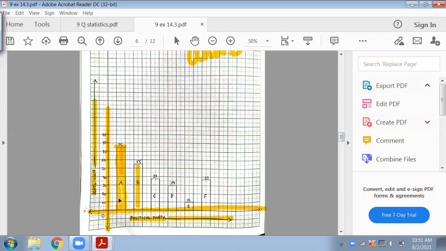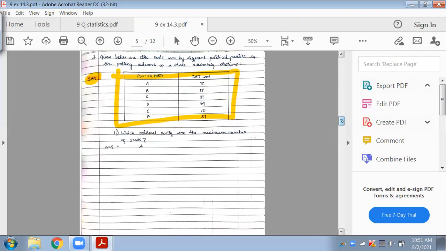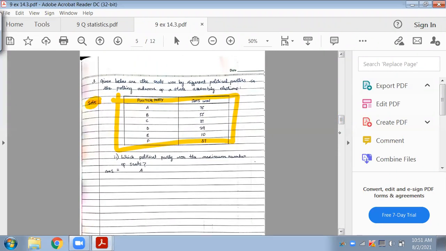So by looking at the bars in the graph, what you can tell is that the political party that won the maximum number of seats will be A. Since the bar is tallest for A, the answer to the question, which political party won the maximum number of seats, will be A. So that one you can write.